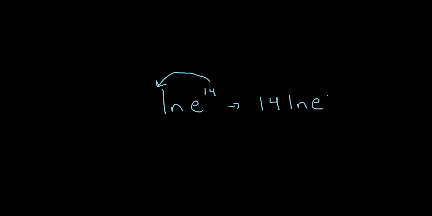And one of our properties is that the natural log of e is just equal to 1. So really what we have is 14 times 1, and that's just 14. So the natural log of e to the 14th power is 14.